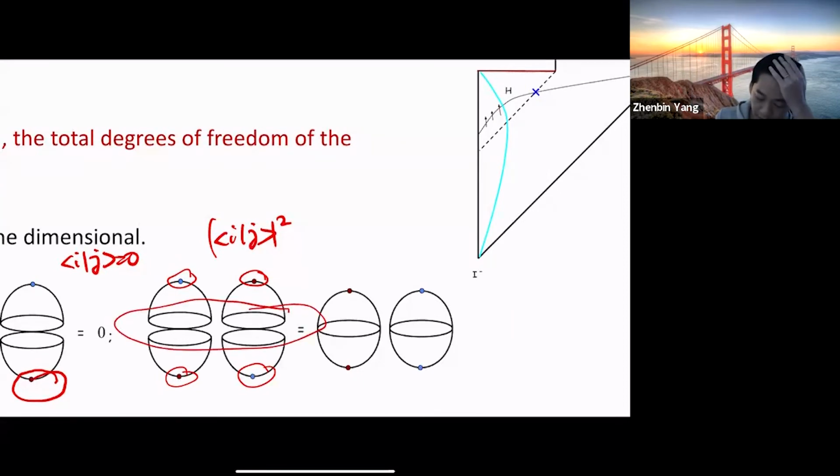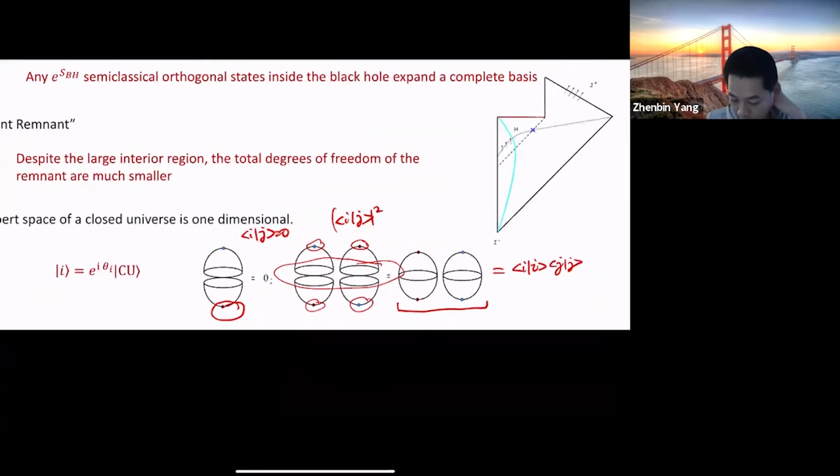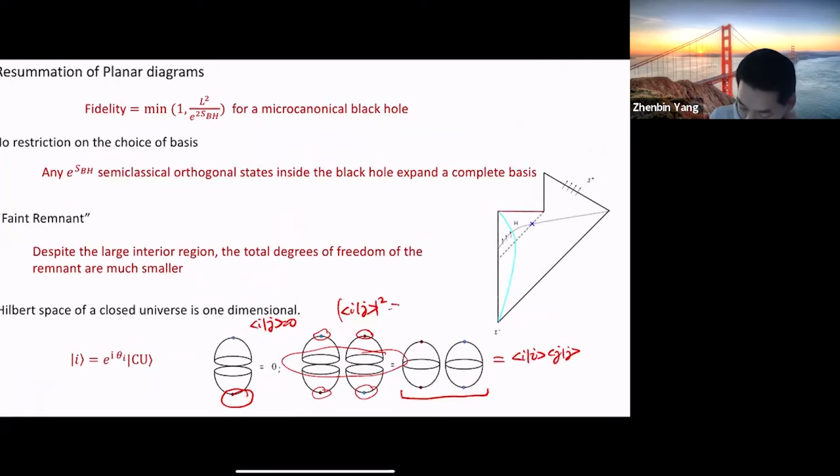So this inner product squared will give you a non-zero answer, and that's actually equal to <i|i><j|j>, because I just reshuffle these initial locations.